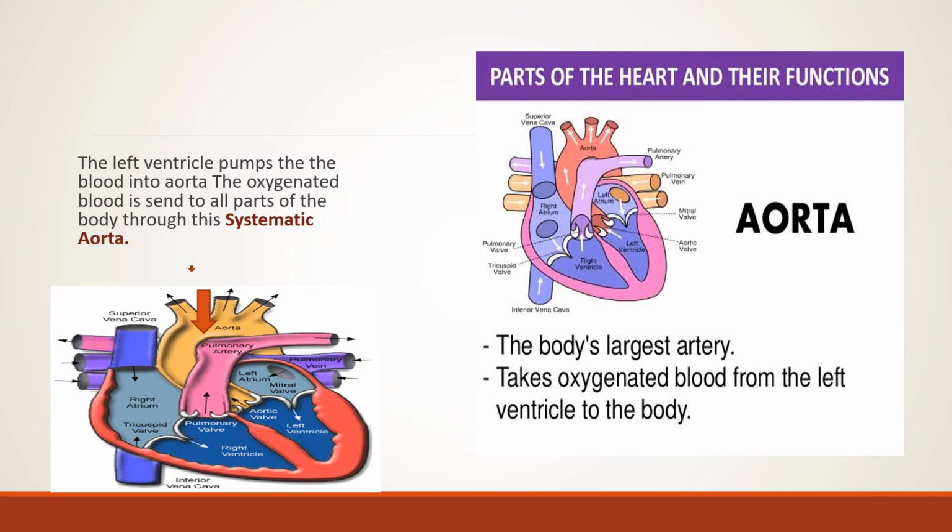Now where is the blood? The purified blood is now in the left ventricle. When the left ventricle is filled with oxygenated blood, it contracts and the blood enters the aorta. This yellow colored part you can see very clearly here. This is the systemic aorta, which sends the blood to all parts of the body.